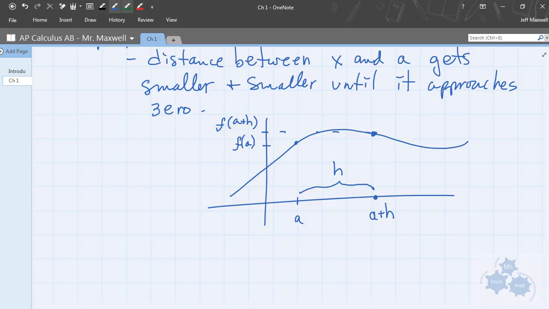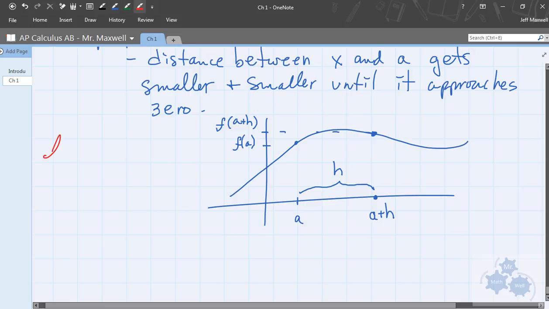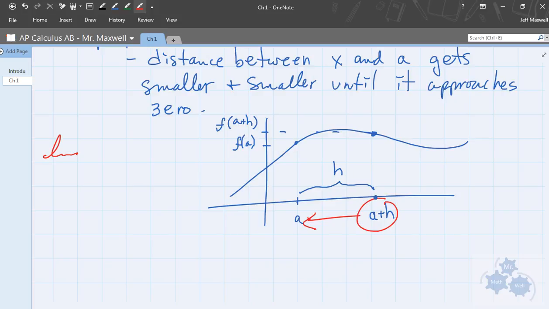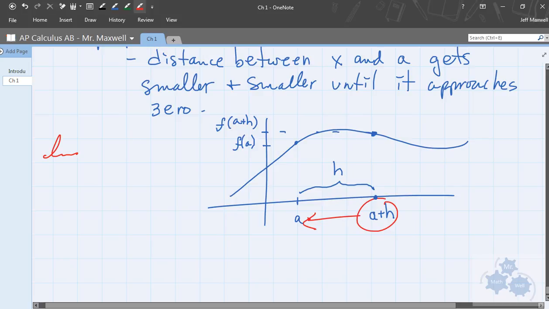Now the limit that we're going to set up here is not x approaching A, but it's h getting smaller and smaller until these 2 points are the same. So we're going to write that as the h value, that's the distance between the two, is becoming 0.